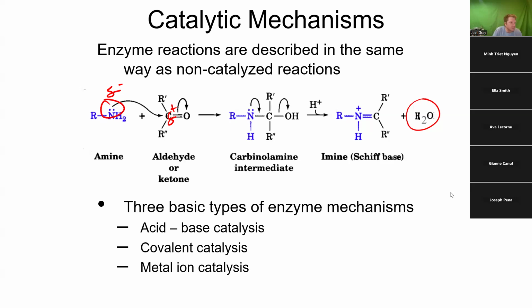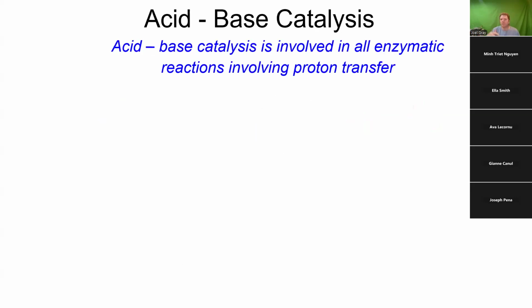In acid-base catalysis, it's pretty simple. We're dealing with an acid and a base. We're looking at protons being added to a group or being released from a group. Covalent catalysis, we're focused on making a covalent bond. And last but not least is metal ion catalysis. We are using a metal ion in order to move electrons around or to stabilize a group.